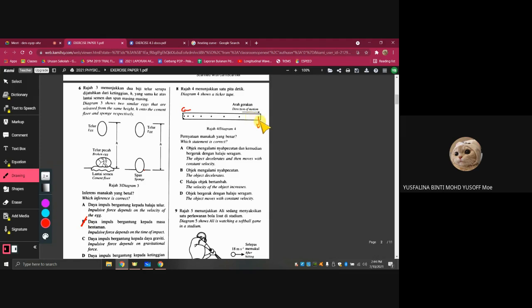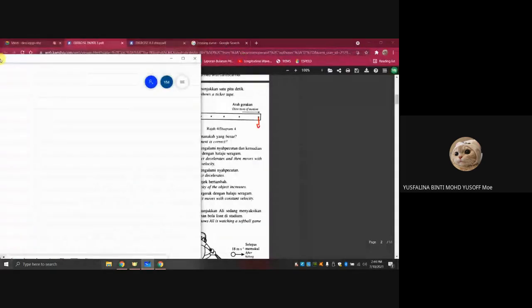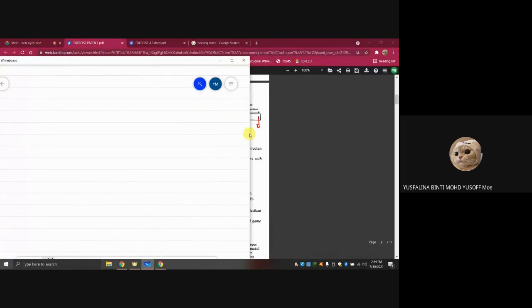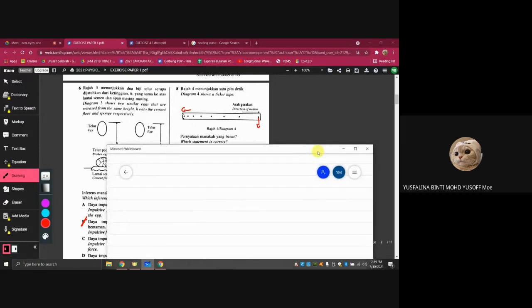All right, let's check. You can see there is a change of distance. You can use this formula: V is equal to S over T. Let's see, we start from here. The distance is decreasing.